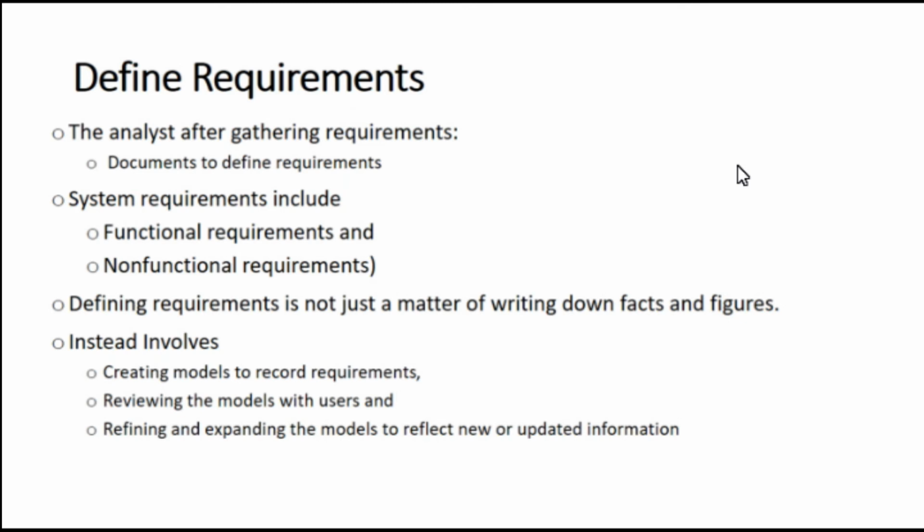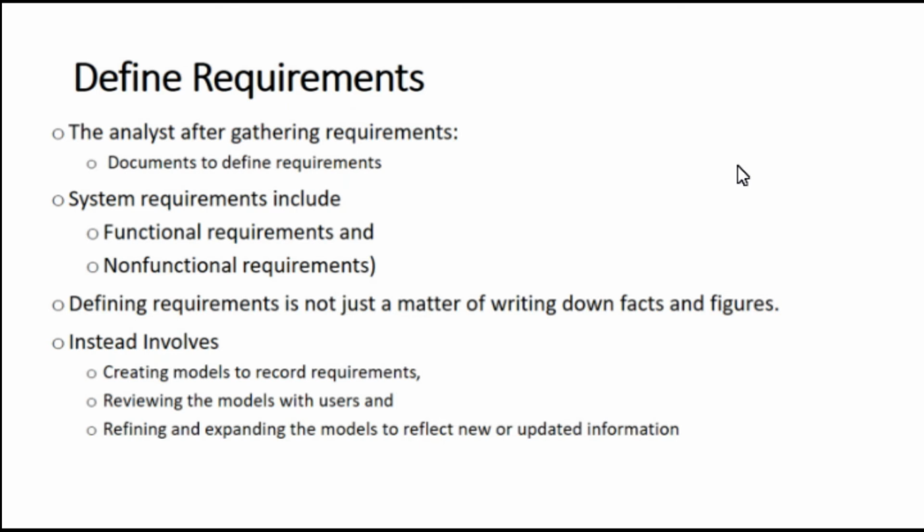The analyst needs to document these requirements so as to define them. System requirements are functional and non-functional requirements, so there has to be a definition of these functional and non-functional requirements. Defining requirements is not just about writing down facts or figures.